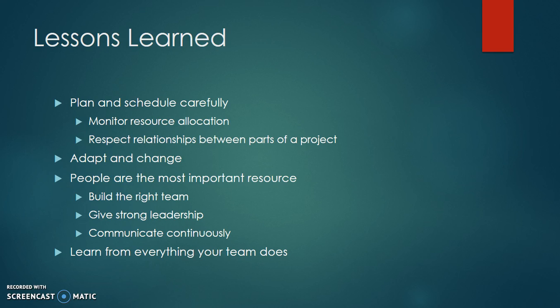So what did I learn from this project? I learned how important it is to plan and schedule carefully and monitor your resource allocation. If you just plan a bunch of tasks and stick them together, chances are that they're going to run into each other and somebody is going to be expected to be in 2 places at one time. That's what happened to me. That's what I had to fix.